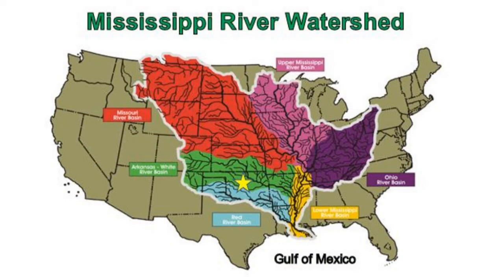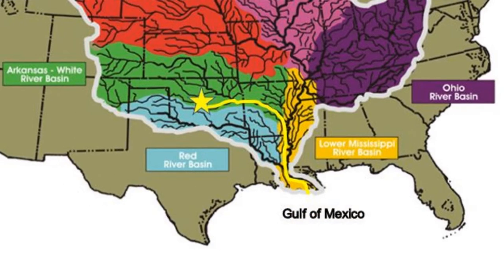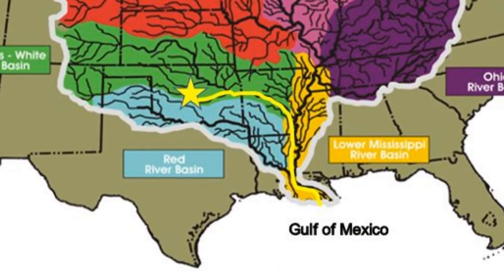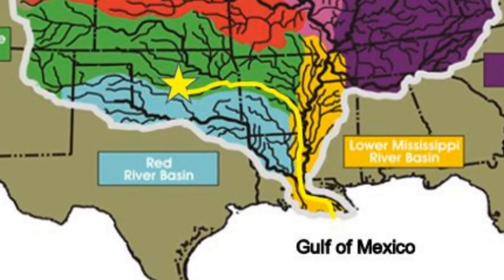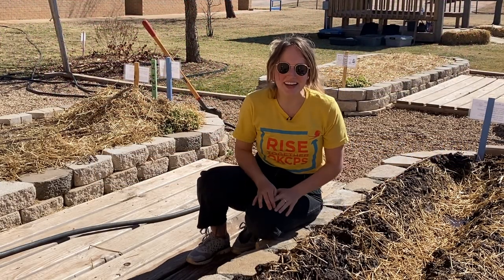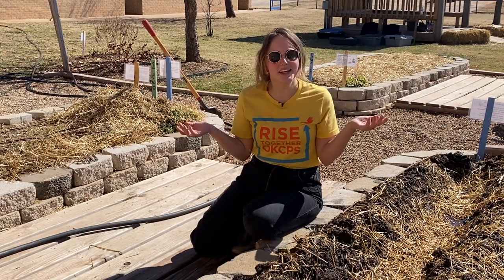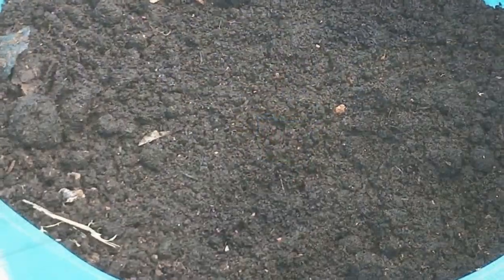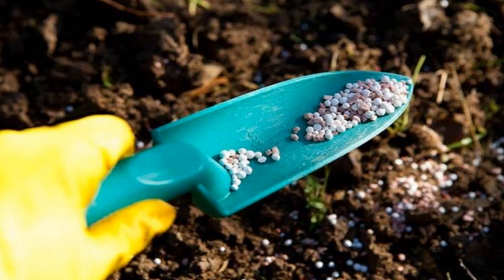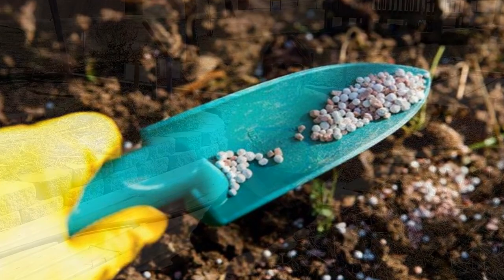Did you know that the water here in our soil, it can actually impact the water that flows all the way into the Gulf of Mexico? That's wild. Second, why do you think we use compost in our garden and not a chemical fertilizer from a factory?